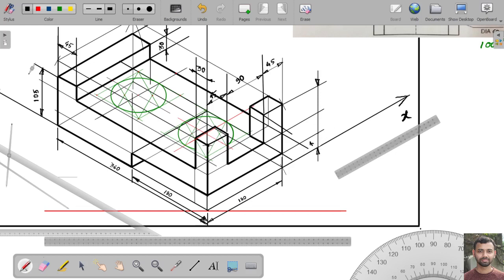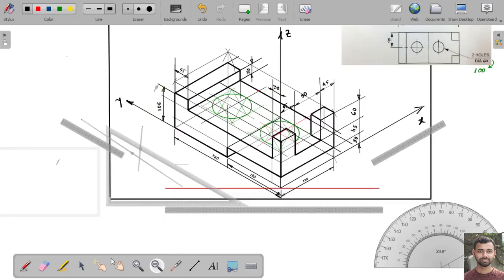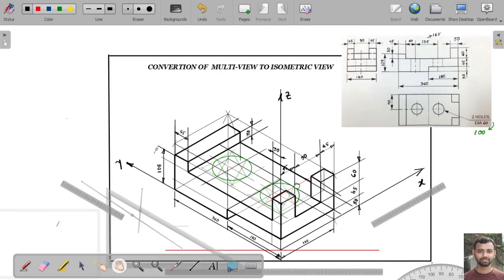This is 30. This is 45. This one is 60. Okay, so these are the dimensions, and now the rest of the dimensions are only the location dimensions.